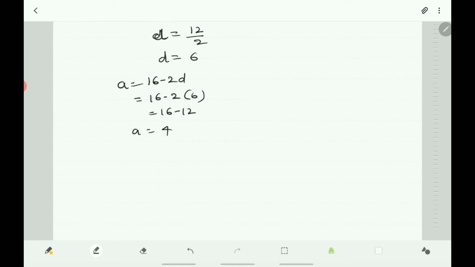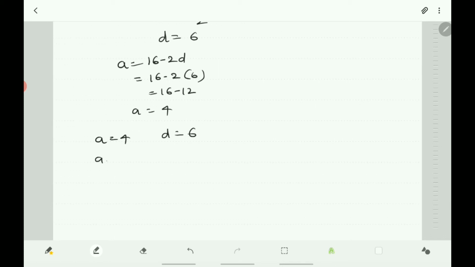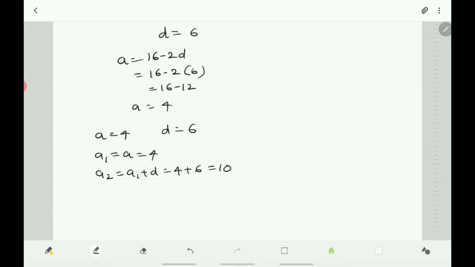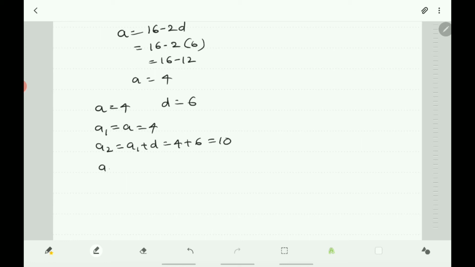You got the values of A and D to determine the AP. A is equal to 4. D is equal to 6. Then A is nothing but A1. A1 is equal to A, that is 4. And A2 is equal to A1 plus D, that is 4 plus 6 is equal to 10. Then A3 is equal to A2 plus D, that is 10 plus 6, 16.